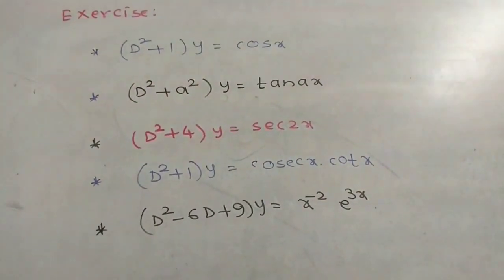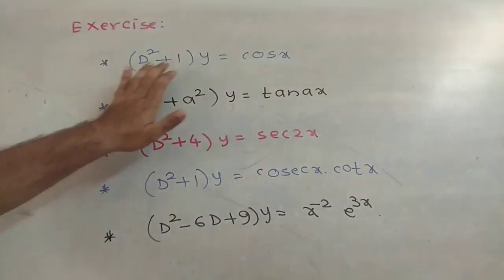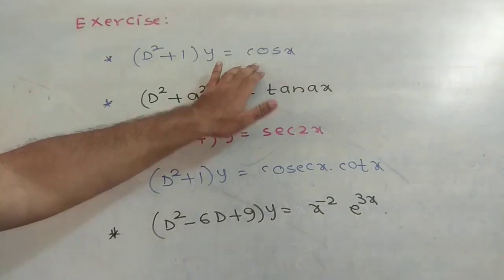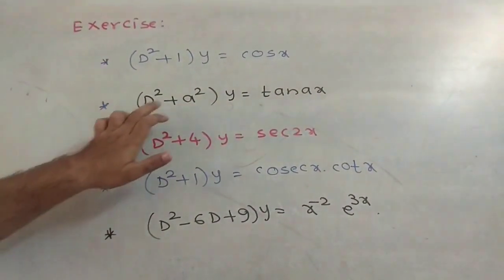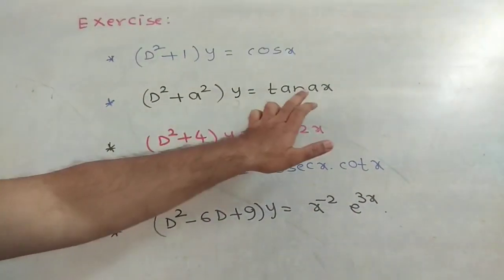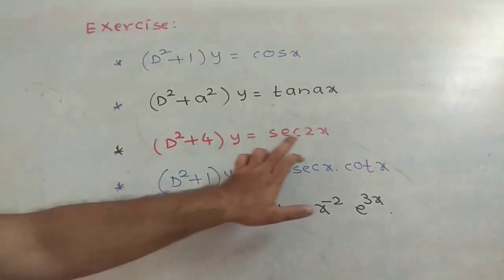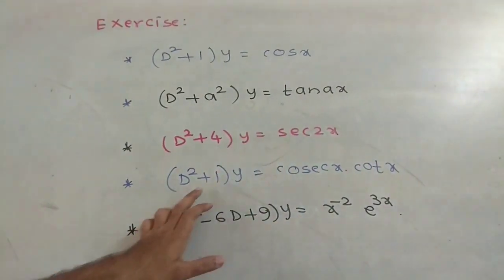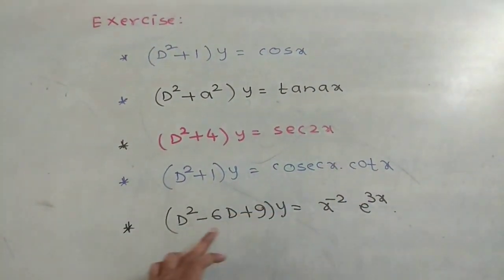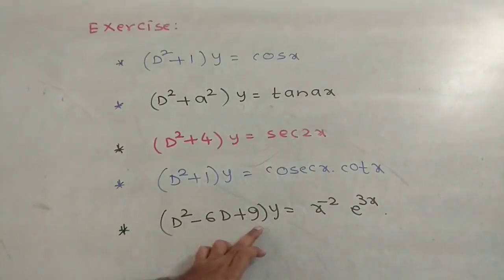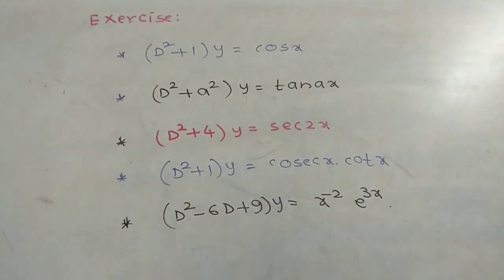Now let us have certain exercise problems on method of variation of parameters. The first one, D square plus 1 of y equal to cos x. You apply the same procedure, you will get your final answer. Similarly, D square plus a square of y equal to tan ax, and D square plus 4 of y equal to sec 2x, D square plus 1 of y equal to cosec x cot x, D square minus 6D plus 9 of y equal to x power minus 2 into e power 3x.